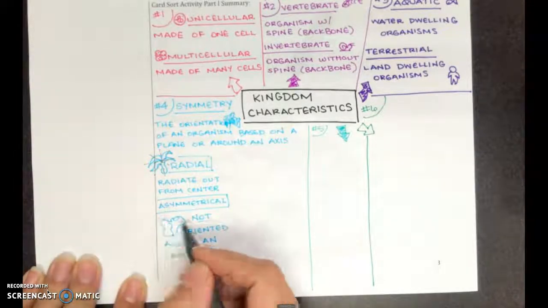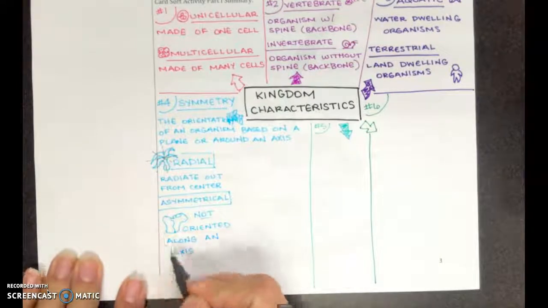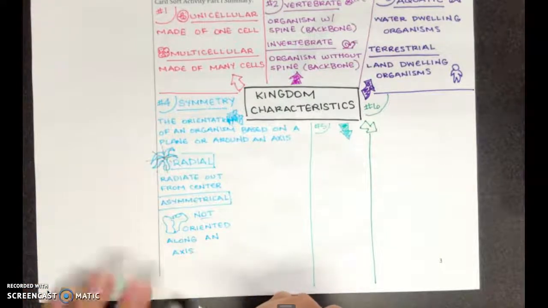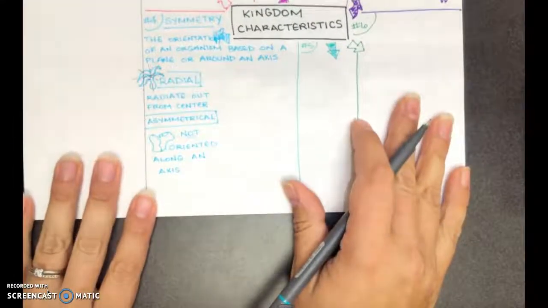So for this one, there's really no way to put in any of the dotted lines because unfortunately it just doesn't show any kind of symmetry.